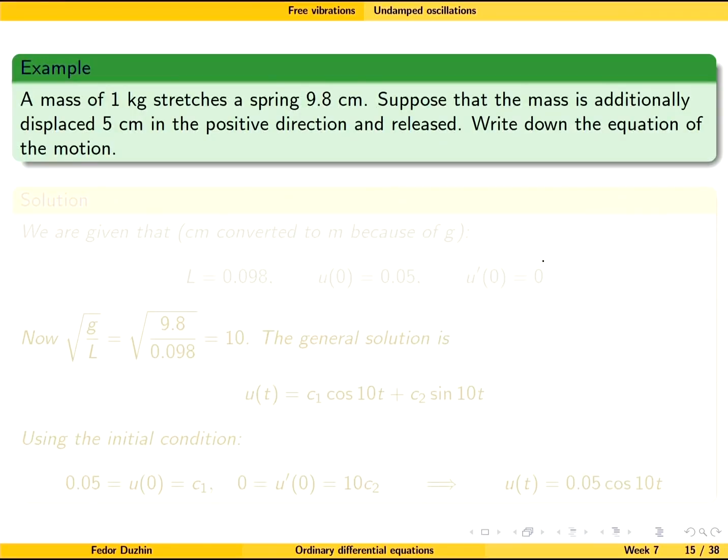Now, let us go through an example of a word problem on this sort of topic. Here, a mass of 1 kg stretches a spring 9.8 centimeters, right? Which means that this is our L capital. And 1 kg is our m small.